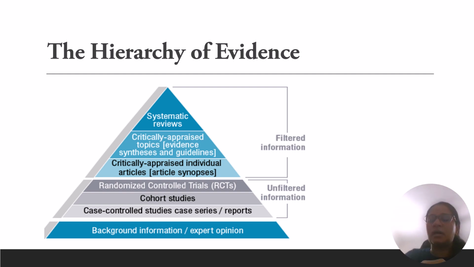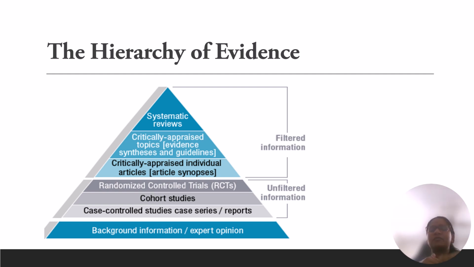So what is the basic information? The basic information which you get, as I told you, is with your background editorial reports. Because in an editorial report, if someone asks me, I will just write, okay, this new drug came and it has this, so this is my opinion and I'm going to write it to the editor of a journal. So this is an editorial report and it is completely my opinion.